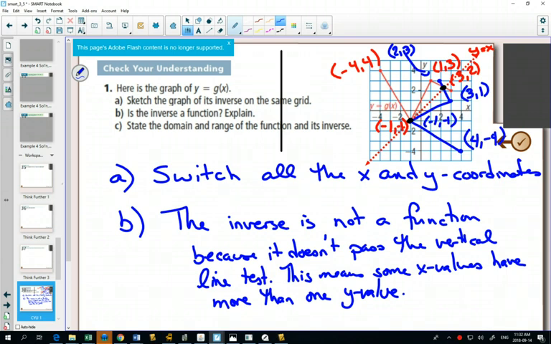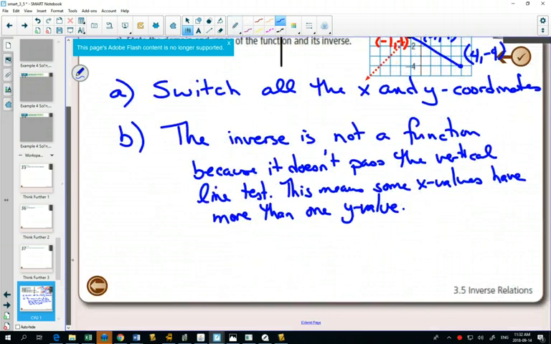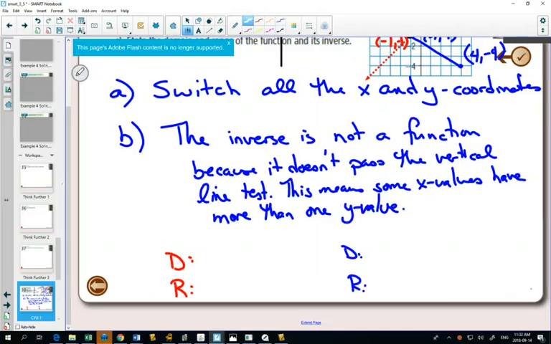State the domain and range of the function and its inverse, so we have to do that for the red graph, the original, and for the blue one. Interval notation for the red one.